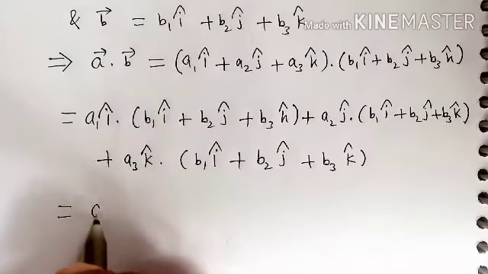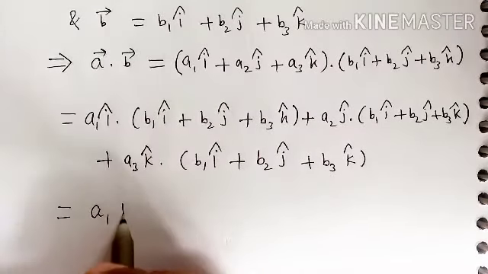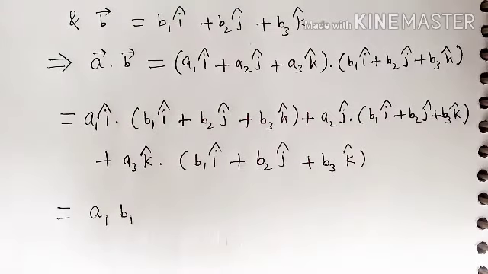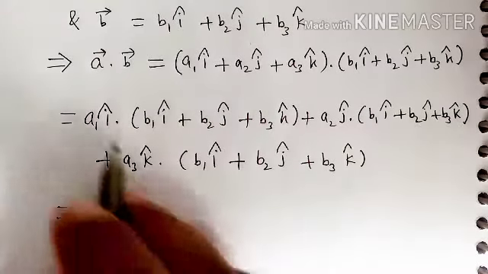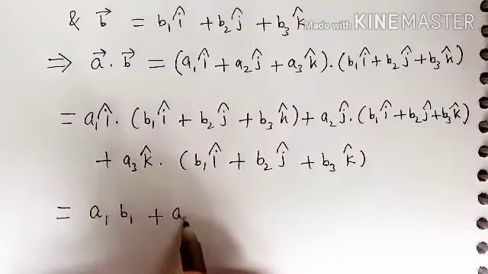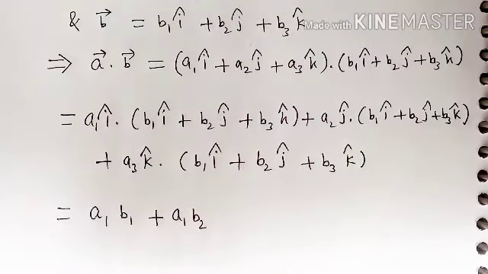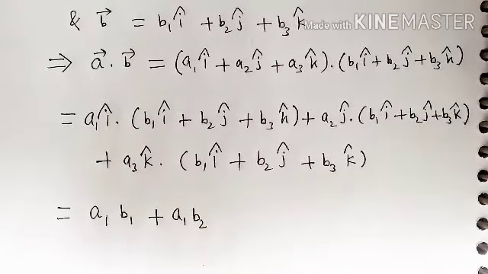Here a1 b1 i dot i is 1. a1 b2 i dot j is, we know i, j, k are unit vectors along x-axis, y-axis and z-axis respectively.